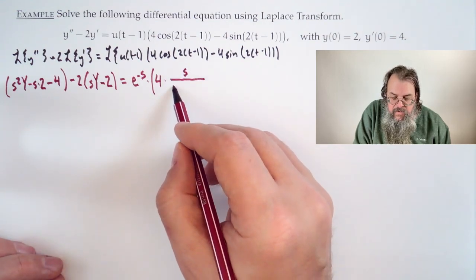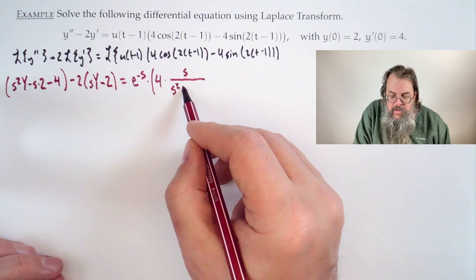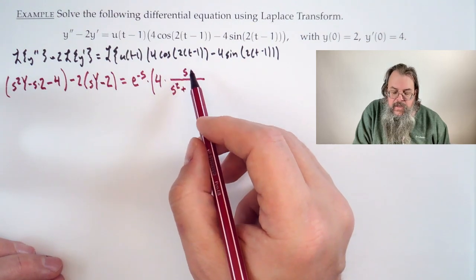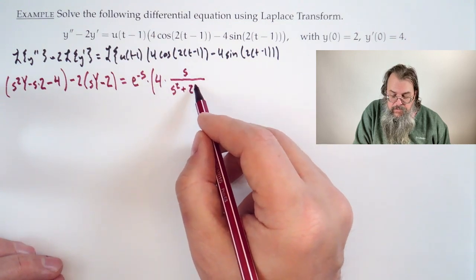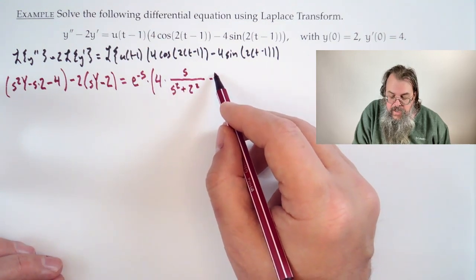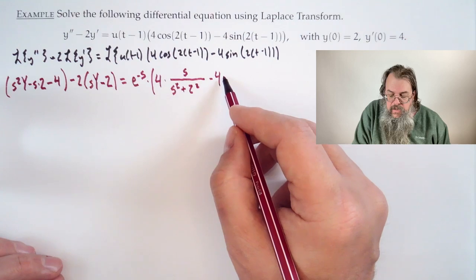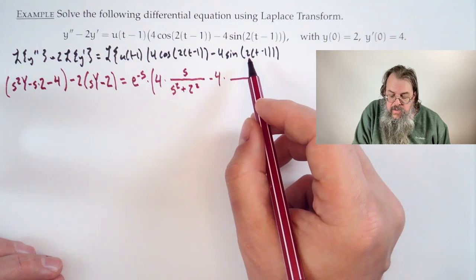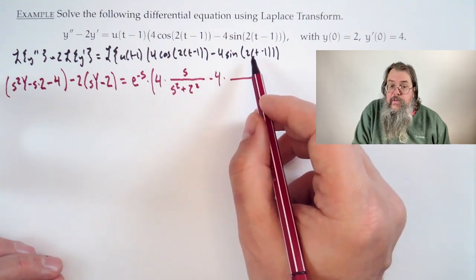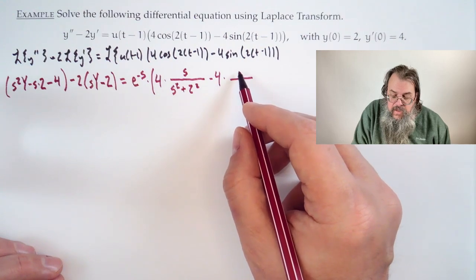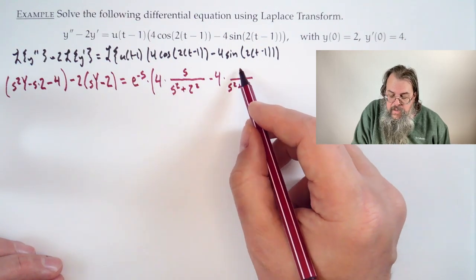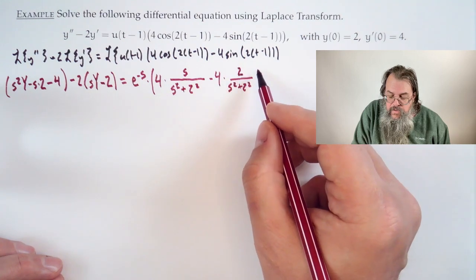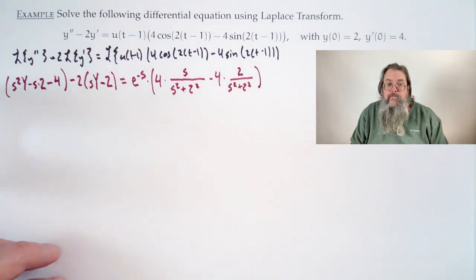And so this would be s over s squared plus 2 squared. Then we're going to subtract 4, and now here it's sine of 2t. For sine of 2t, downstairs it's s squared plus 2 squared, and upstairs is a 2.